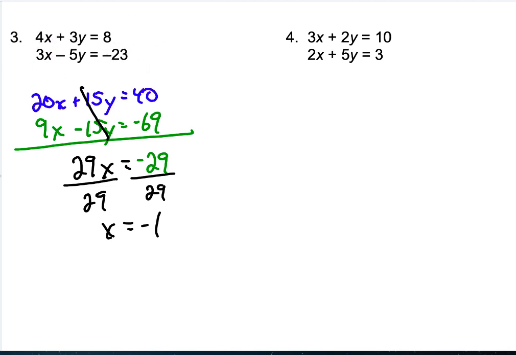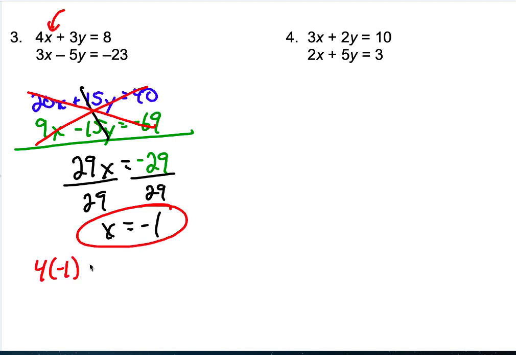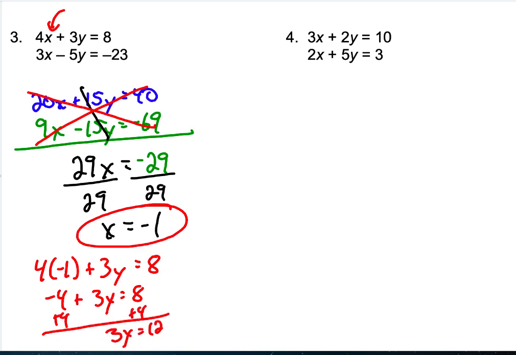Again, go back to one of the original versions, don't use your modified versions when you're checking it. So put in x of -1 back into my equation. 4 times -1 plus 3y is equal to 8. -4 plus 3y equals 8. Add 4, and I get 3y is equal to 12. So y is equal to 4. So I get a solution of -1, 4.